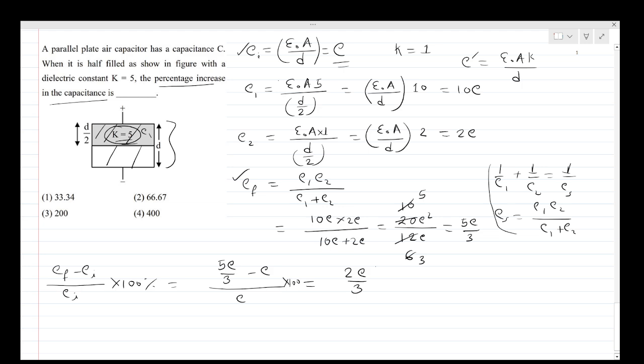Then C and C cancel out into 100. So basically 2 by 3 into 100. So as we know that 2 by 3 can be written as 0.67 into 100%.